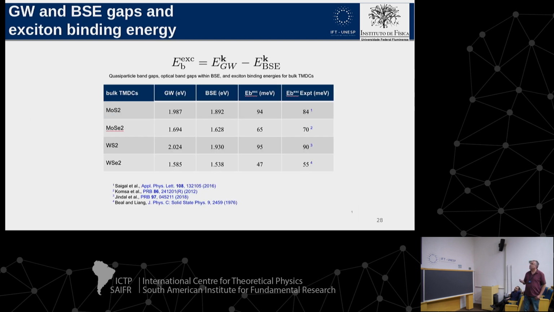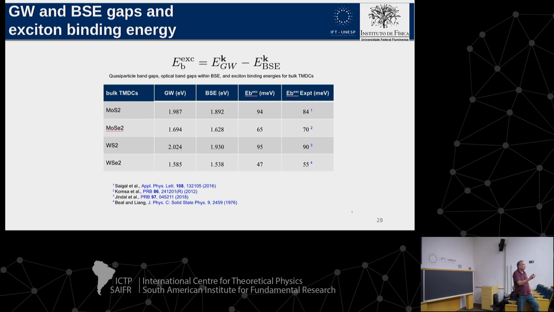And here I show you the binding energy of the excitons. So we see that the binding energies of the excitons are in the order of several tens of millielectron volts. So they are not so large as when you compare with the monolayers.